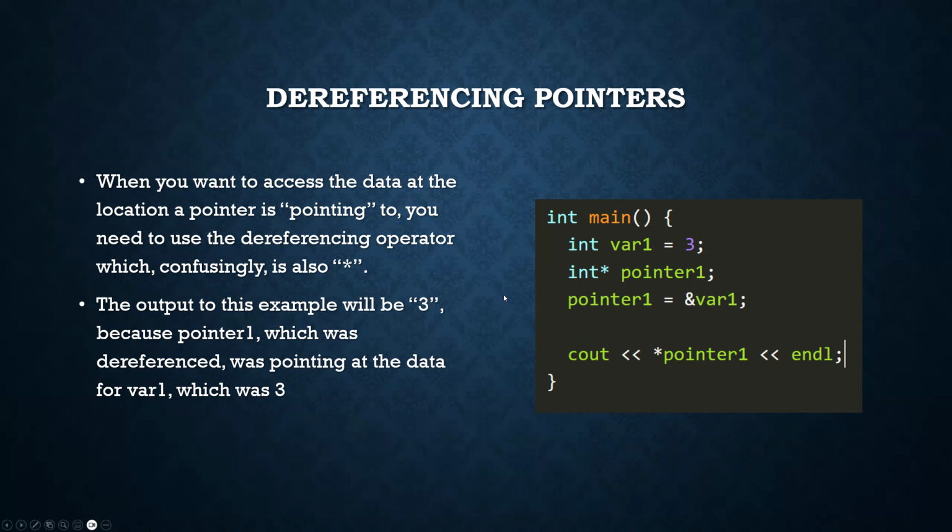So in this example over here on the right, same thing where I initialize pointer1 to be the address of variable1. And you can see variable1 has the value 3 here. So this dereference here is going to look at the address in pointer1. It's going to jump to that address, grab the data there, and return that. So this will print 3 here.